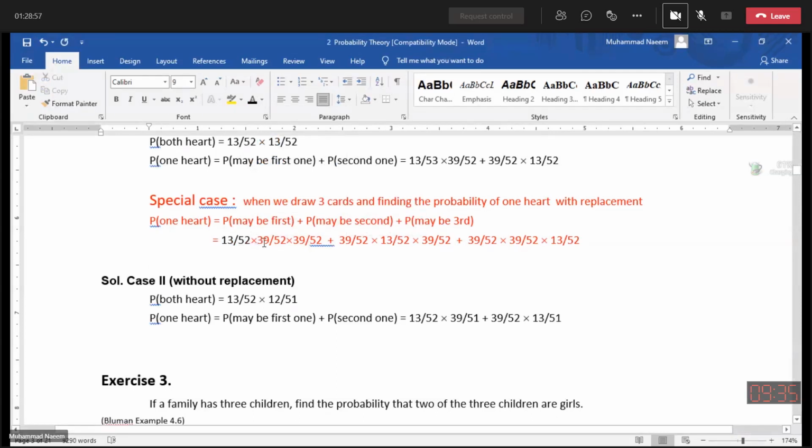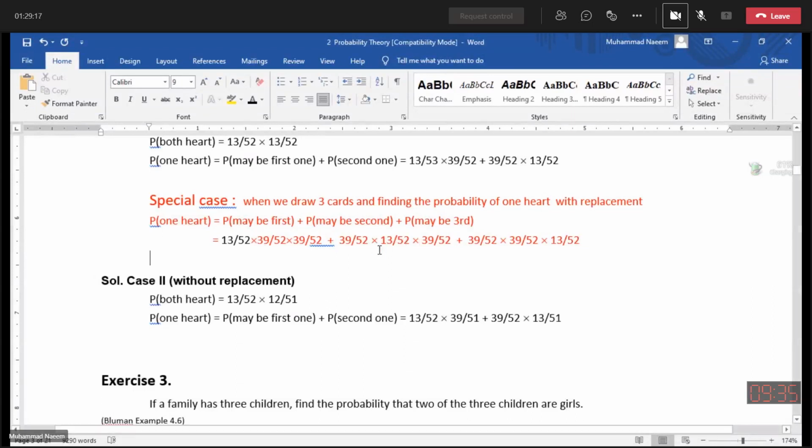And every time we have the same favorable cases and total possible cases, because every time we have replaced our card to the aggregate.